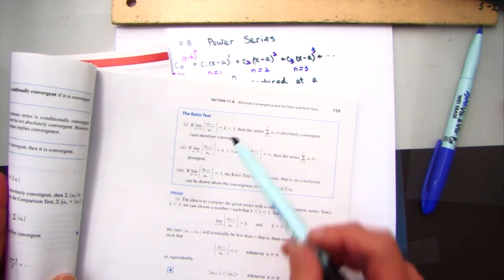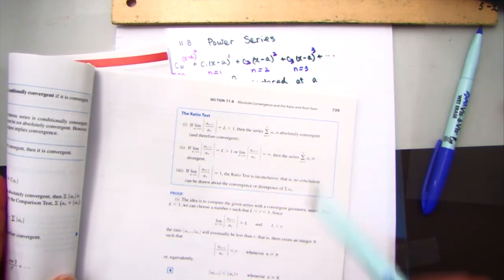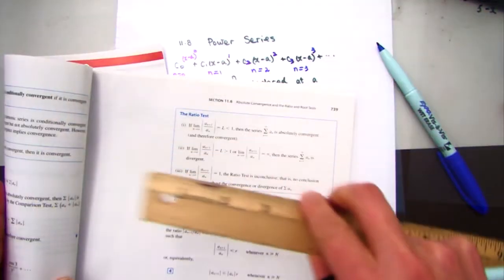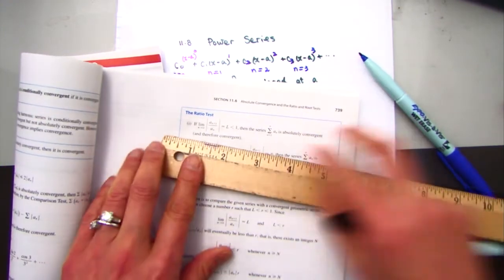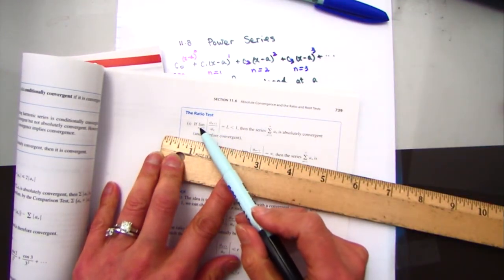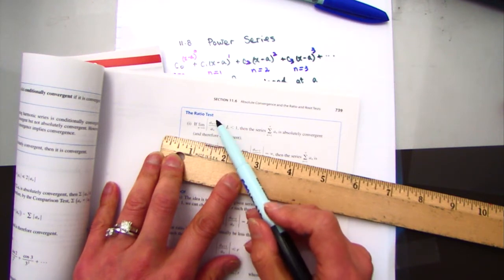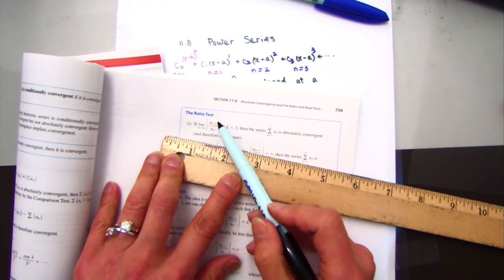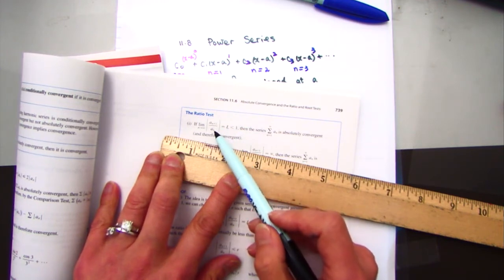Okay, and there's a lot of information. All I need you to do is remember the first part. In the ratio test, you take a limit of the ratio; look at what's inside the bars. It's a term divided by the term before it.